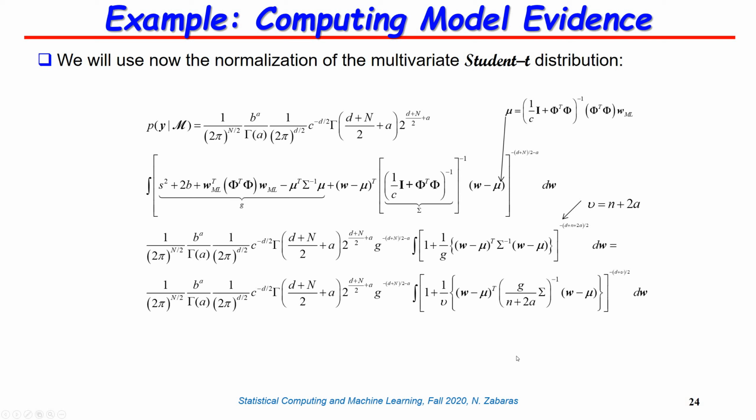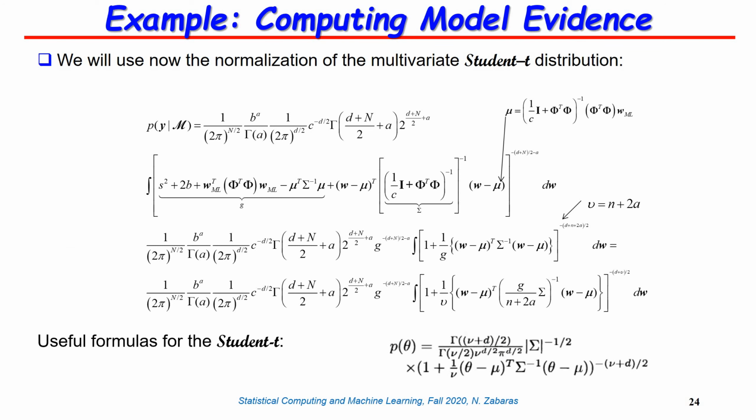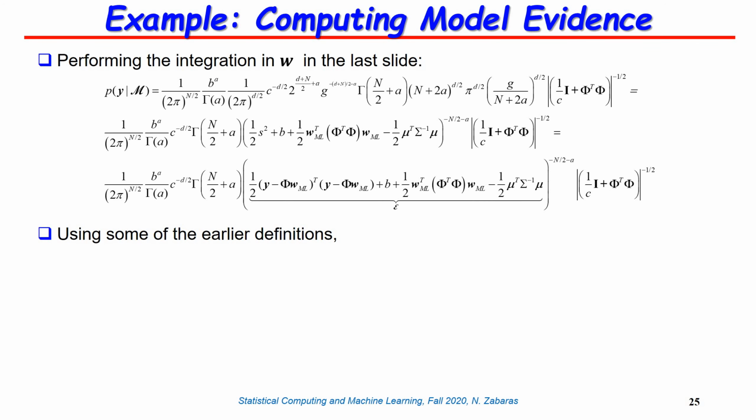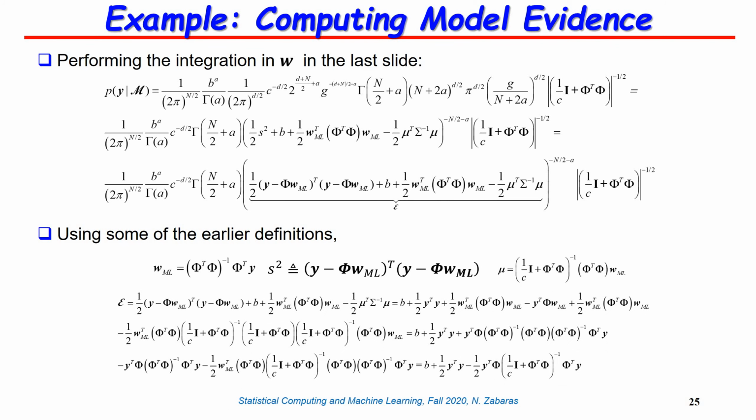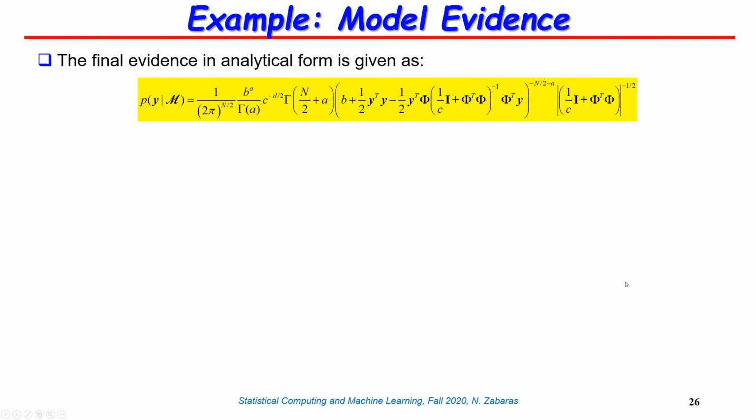so you can cut and paste the normalization factor for a student t distribution corresponding to this, and at the end of the day, using the normalization factor for the student t distribution and a little bit of algebra, and using the definition of my MLE estimate for W and S squared and mu that I just gave you, you get this final result that in a very nice form gives you the evidence, the marginal likelihood, okay?